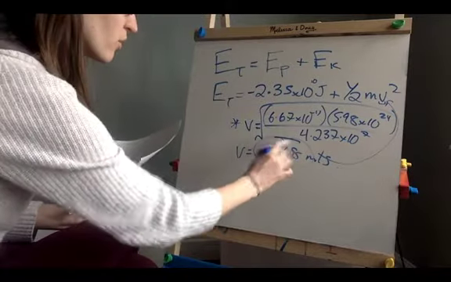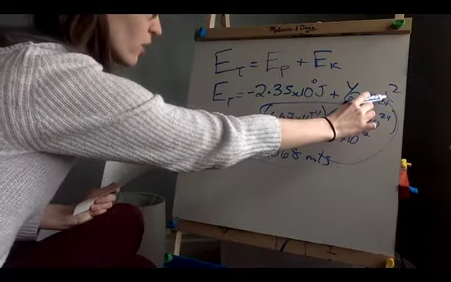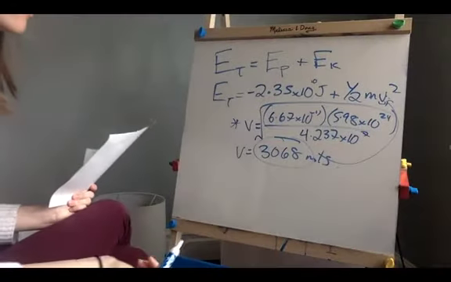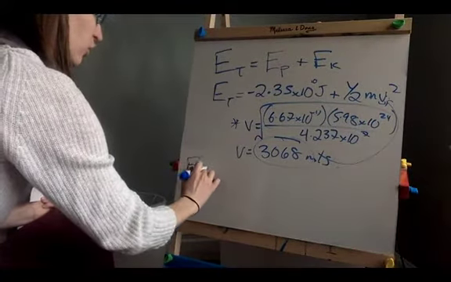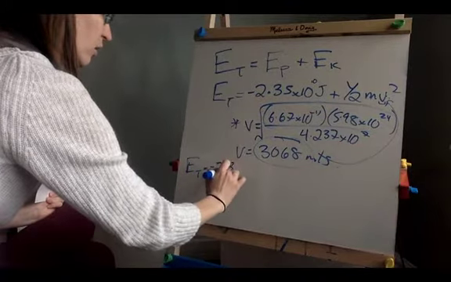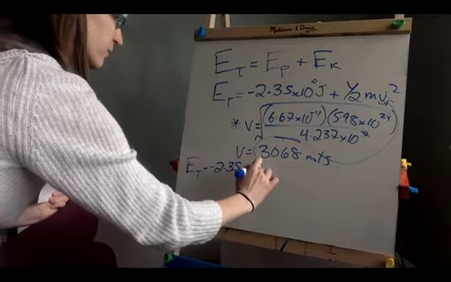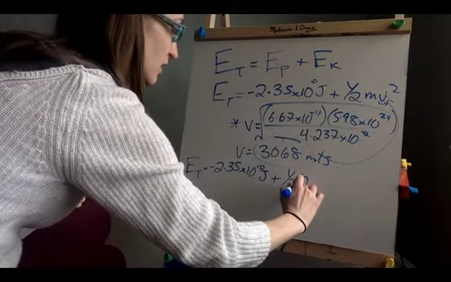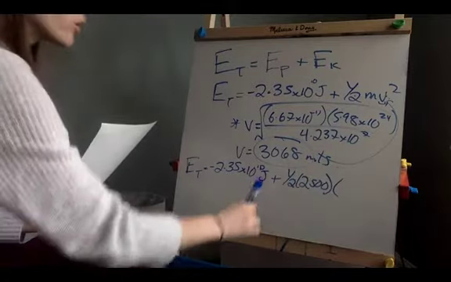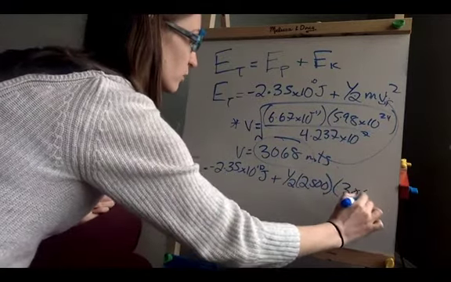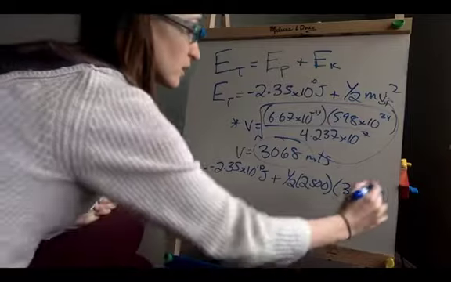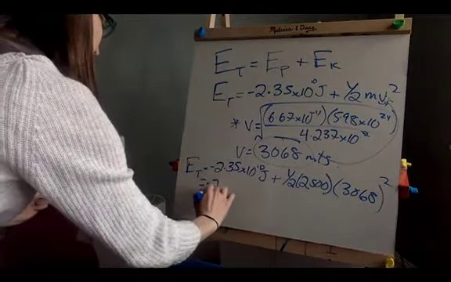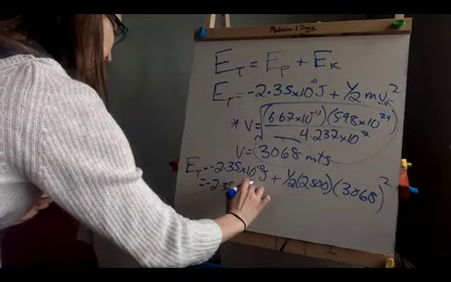So anyway, that value of 3,068 meters per second would go in there for velocity, and the mass of your satellite is 2,500. Your total energy includes the gravitational potential energy, and the kinetic energy is calculated as 1/2 times the mass of the satellite, 2,500, multiplied by the velocity, 3,068, squared.